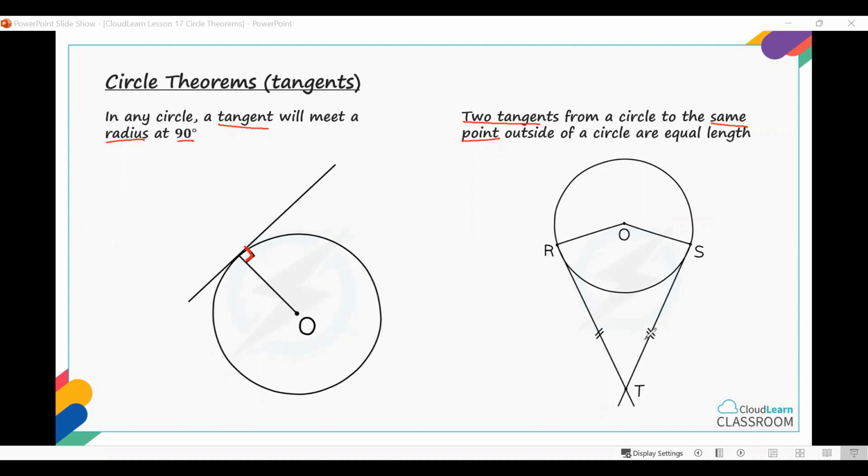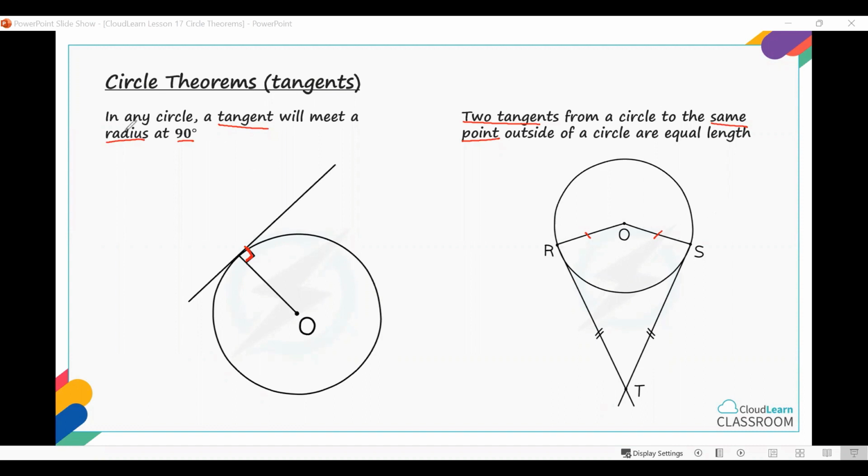The reason why there's two dashes on them is because these are radiuses, so they're also equal length, okay? So you've got this lovely kite that's formed by two tangents meeting a circle like this, where you've got two radiuses, so they're equal. You've got two tangents that both come from the same point and meet the circle, so they're equal.